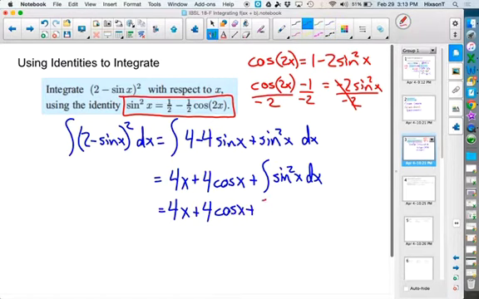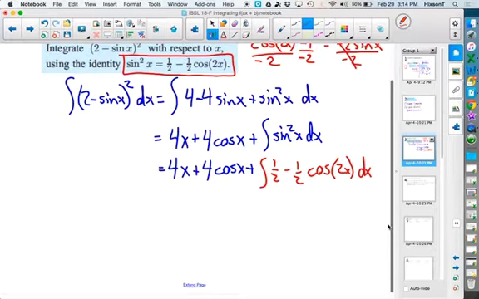But now we have the integral of 1/2 minus 1/2 cosine of 2x. So, what's the integral of a half? 1/2 x.